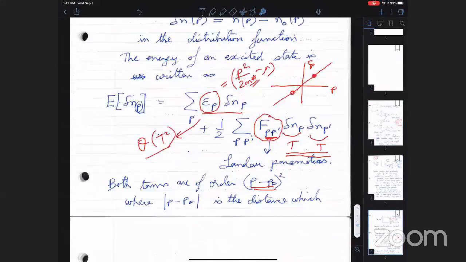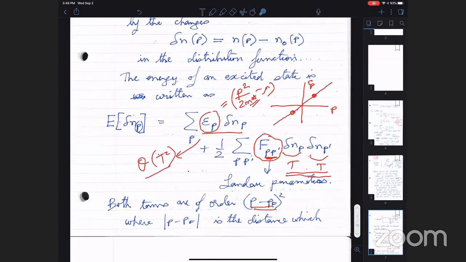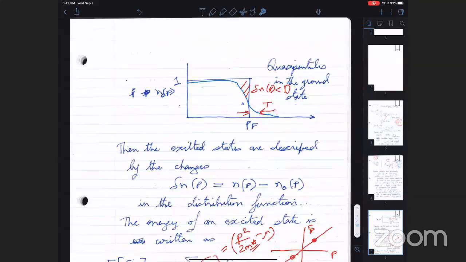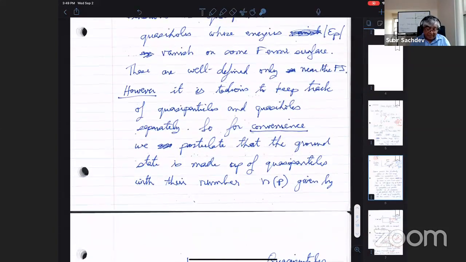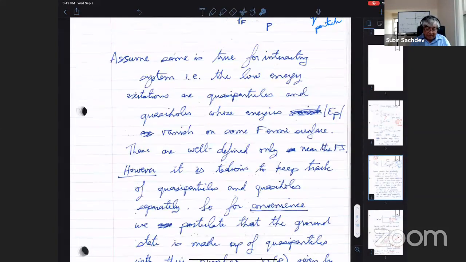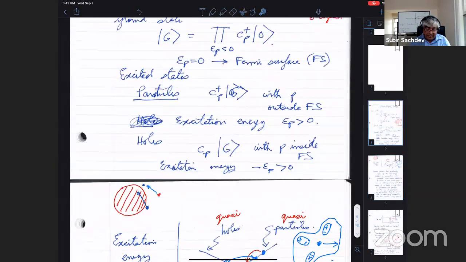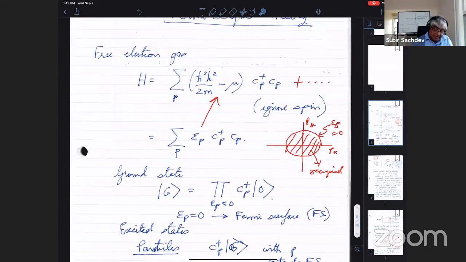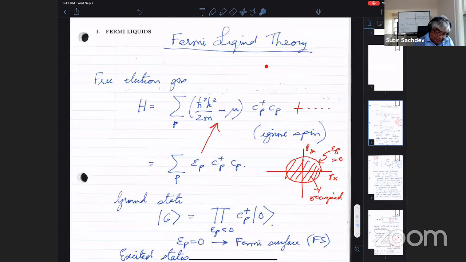Sorry, does mu get renormalized by the interactions at all, or no? Yes, it does. I mean, it depends what you mean by mu. That's another interesting point. Mu is a thermodynamic quantity: at zero temperature it's dE/dN at T equals 0, and this certainly gets renormalized.